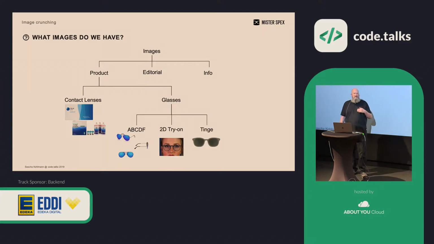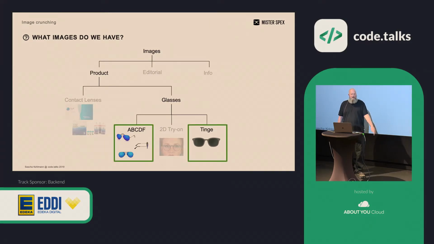And then we have our tint. So when you have a prescription glass and you want additional colors in it, so it's a normal, maybe Ray-Ban, but you don't want gray glasses but blue glasses, you can see how these blue glasses normally look on this frame. So we care only about this.